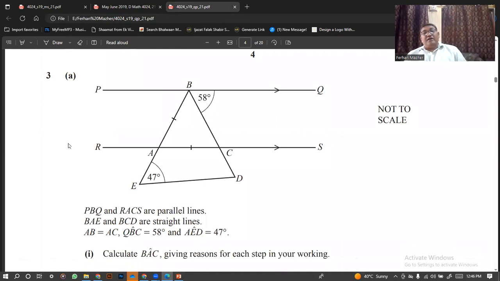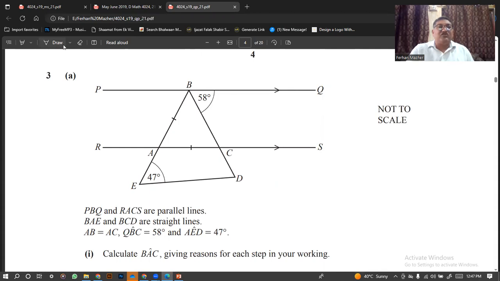It says PBQ and RACS are parallel lines. BAE and BCD are straight lines. AB, this one, is equal to AC.